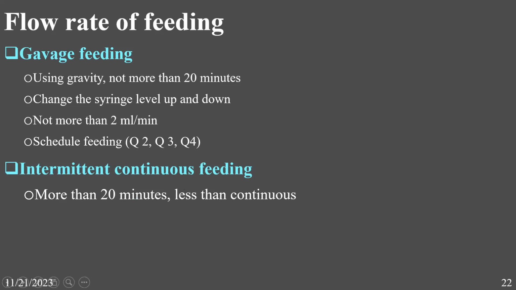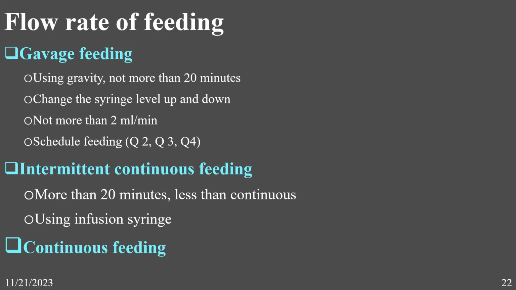Continuous means all the time the baby is on milk. When we use intermittent continuous feed, we use an infusion syringe. And then continuous feed is all the time. Clear? Between gavage, bolus feed, intermittent continuous feed, and continuous feed. Any question?